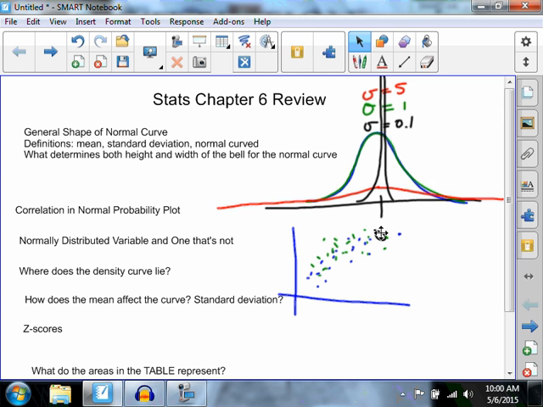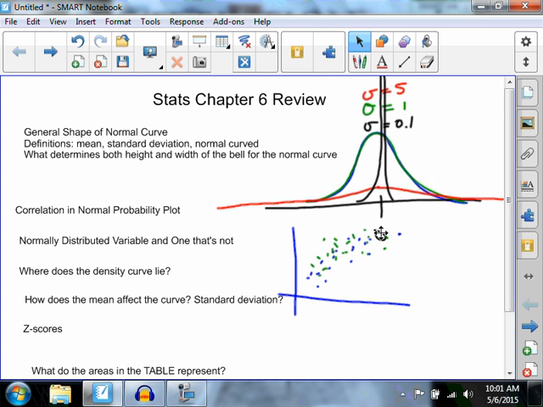What's a variable that's not normally distributed? Something that's going to be highly skewed. You know, where there's going to be some people or some items that are much higher or much lower than others. So check your notes on those. That quiz, hopefully you'll get that essay quiz back.